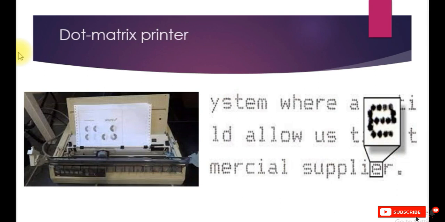Now, the dot matrix printer, the daisy wheel printer, band printer, and so forth, they are all old technology, very old technology. So notice that the dot matrix printer prints by actually printing a dot at a time, and the name of the printer will give you some clue as to how it functions or the technology behind it.